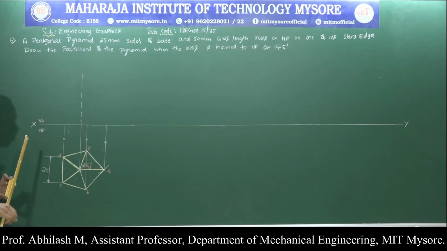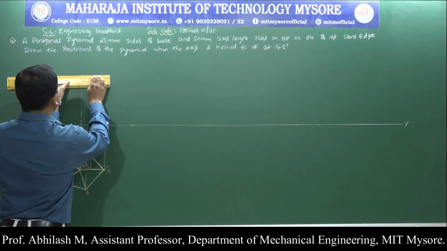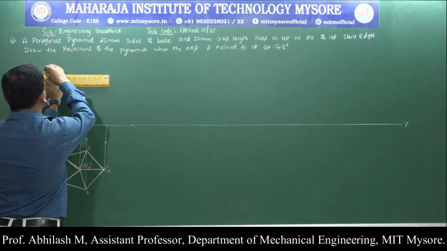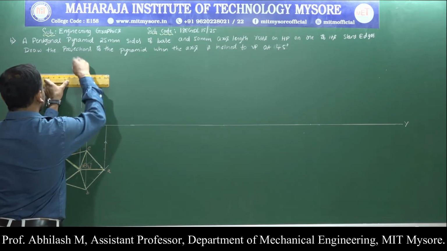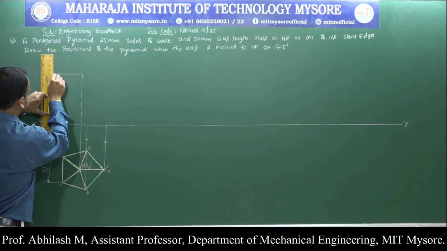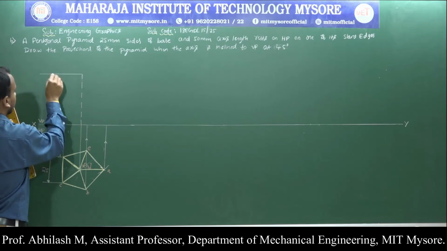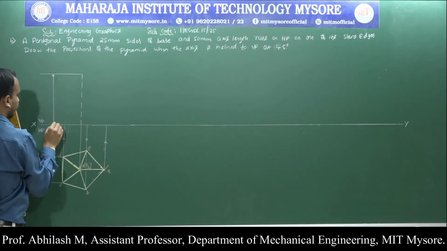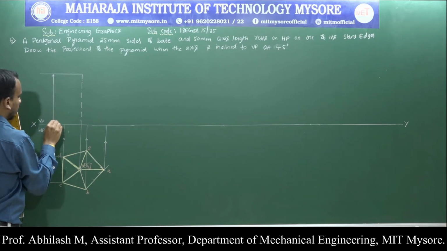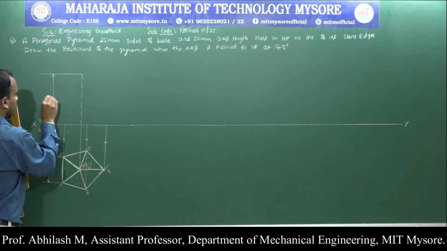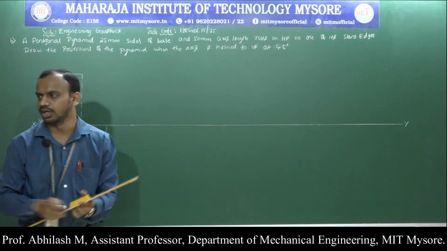Each side is 25 millimeter, and we are supposed to show the axis length as well. Axis length in the front view is 50 millimeter.